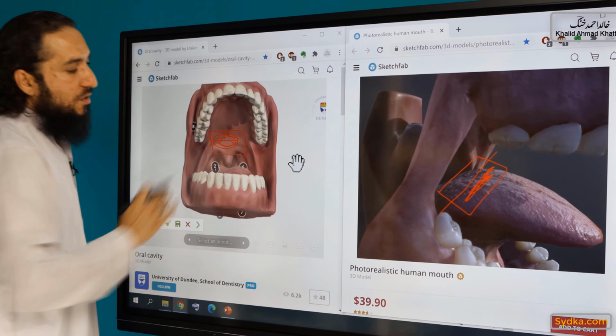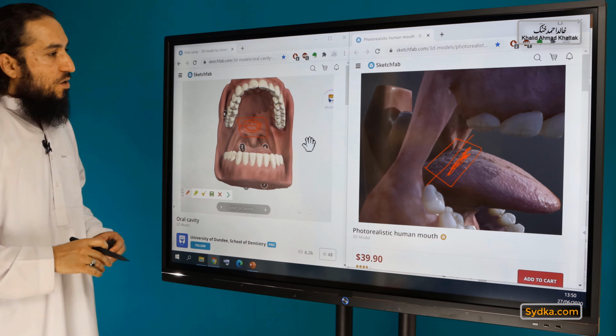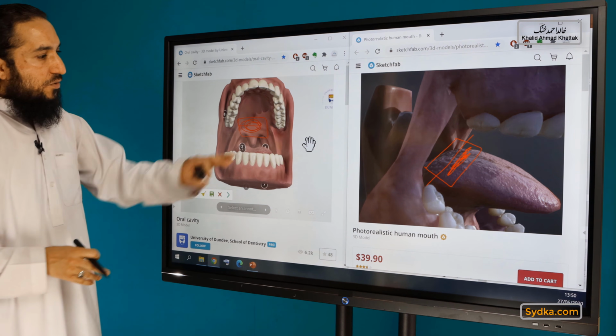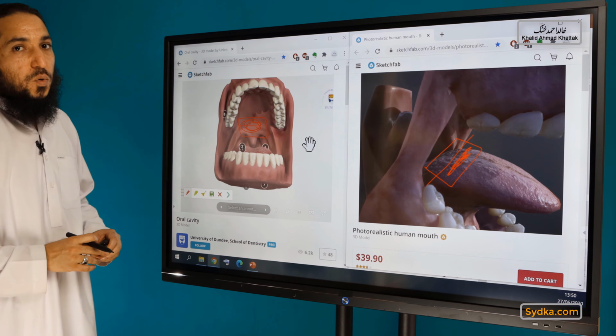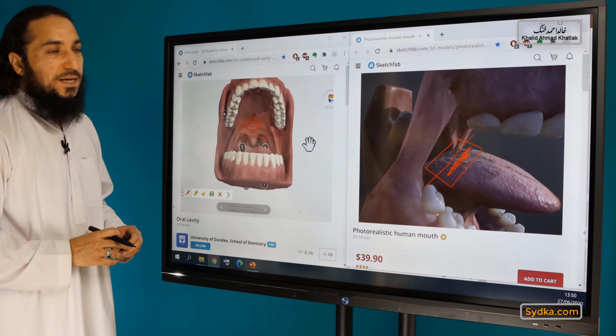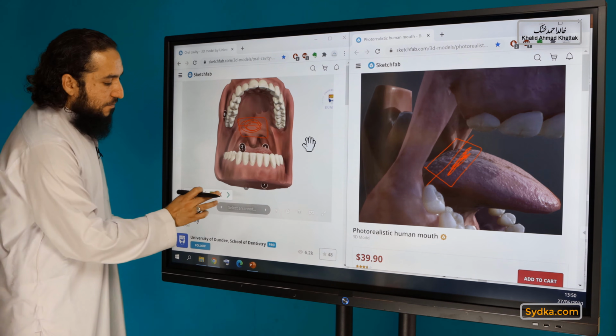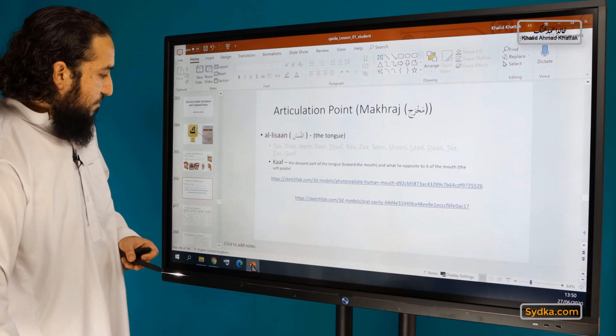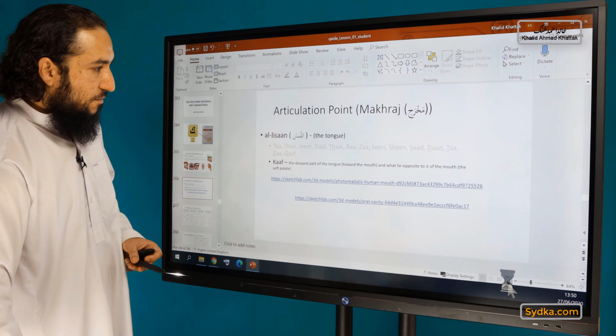So that's the articulation point for Kaaf, or the sound ak, ak. Okay, going back to the slides.